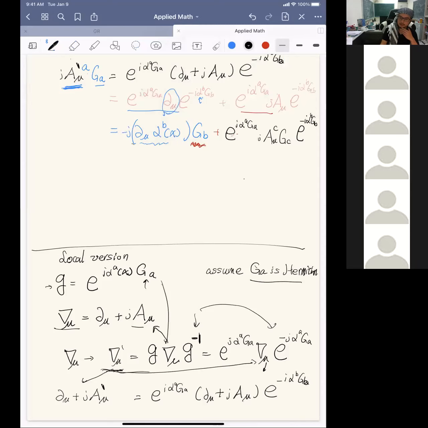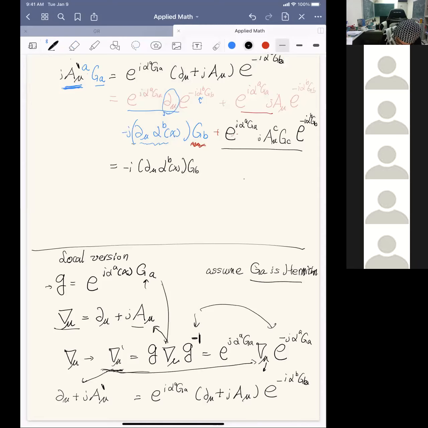Okay. Of course, on the left-hand side here, I'm only expanding things up to linear order in alpha. So this is not entirely correct. I should really write this. So let me just erase the equality. The correct thing I want to write is actually, so here I have minus i partial_mu alpha_B times G_B.